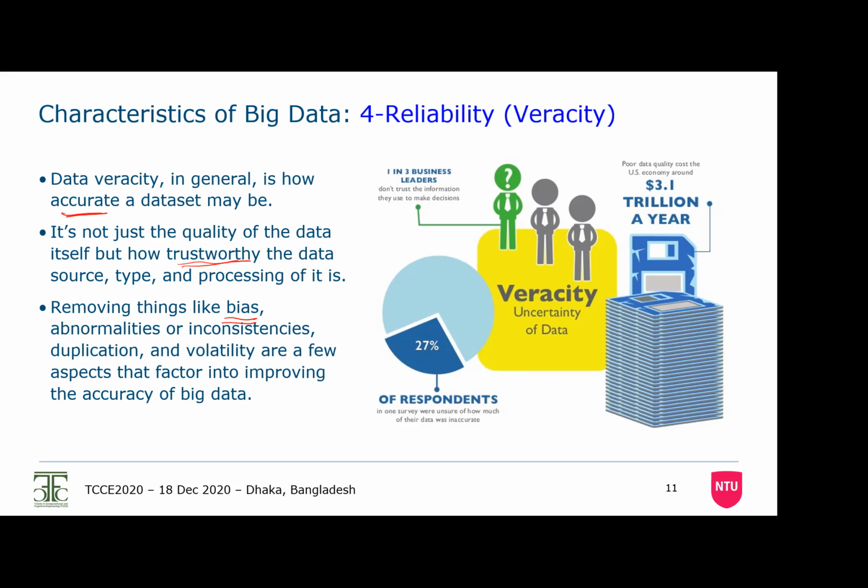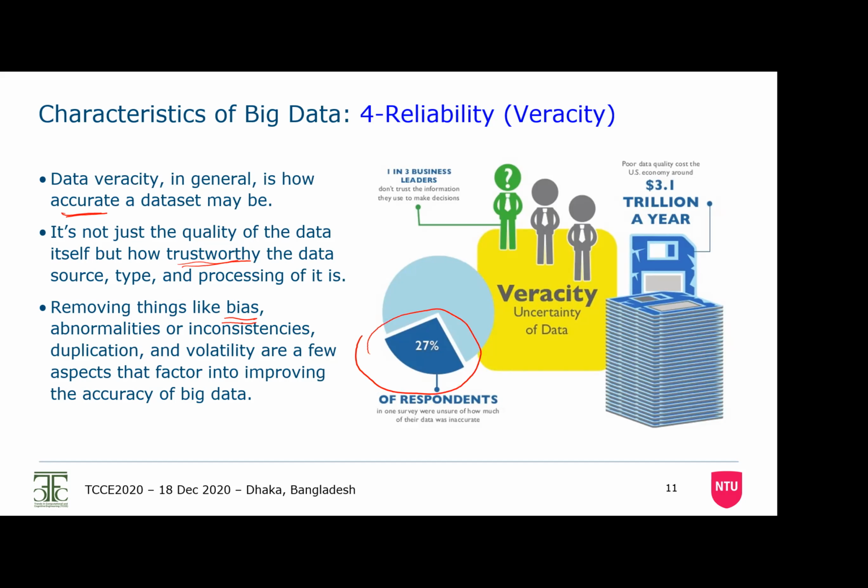So without the veracity, without confirming that the data is trustworthy, more than one fourth of the CEOs of large organizations tend not to trust the data as it comes.